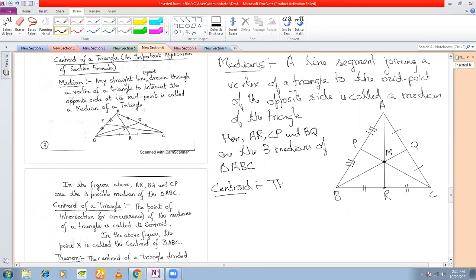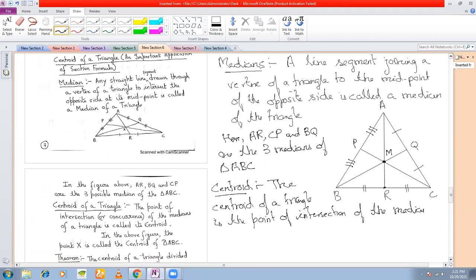The centroid of a triangle is the point of intersection of the medians of a triangle.